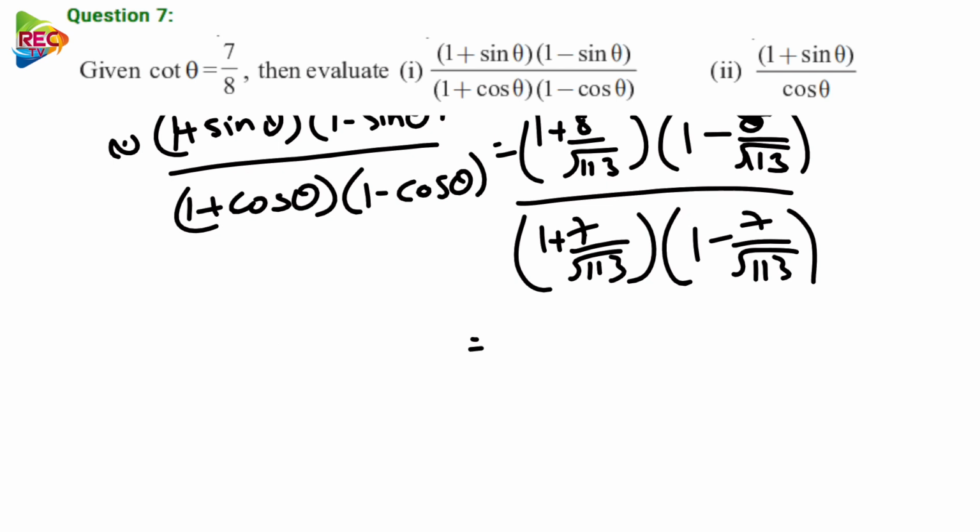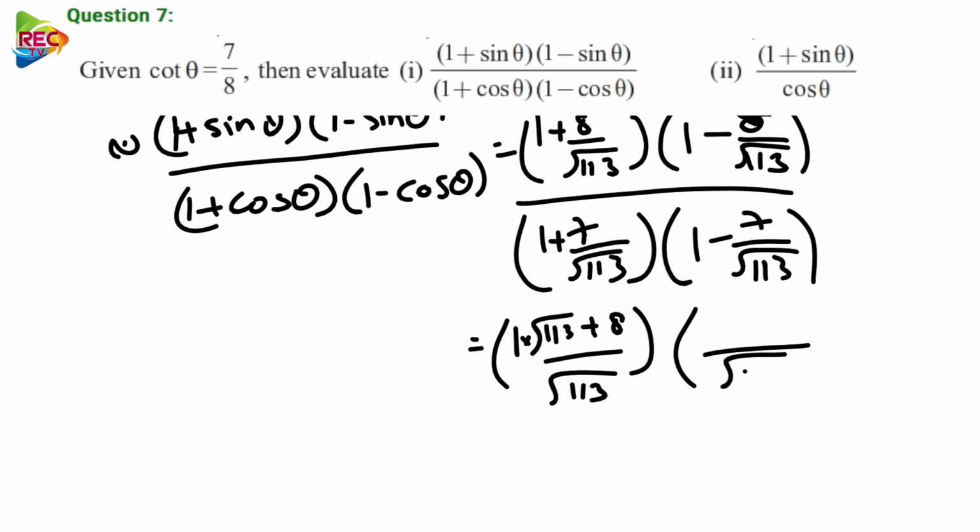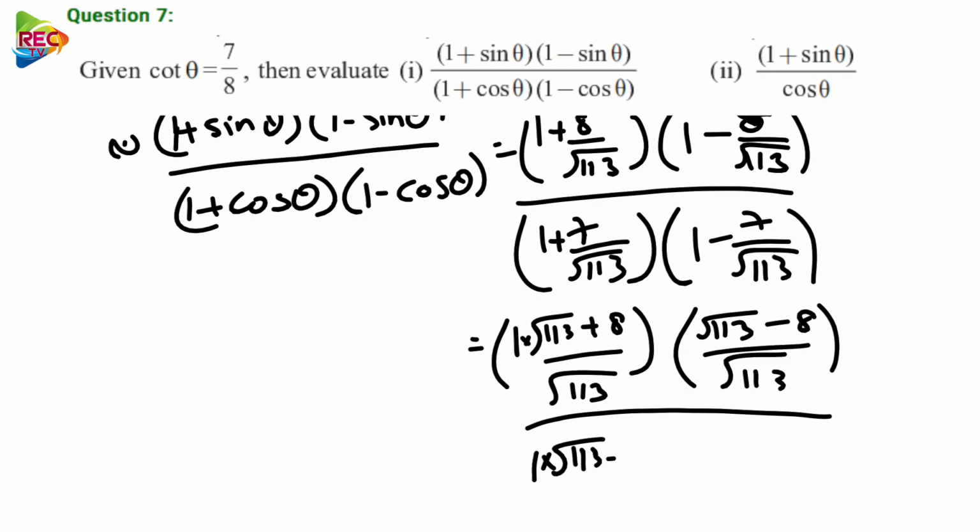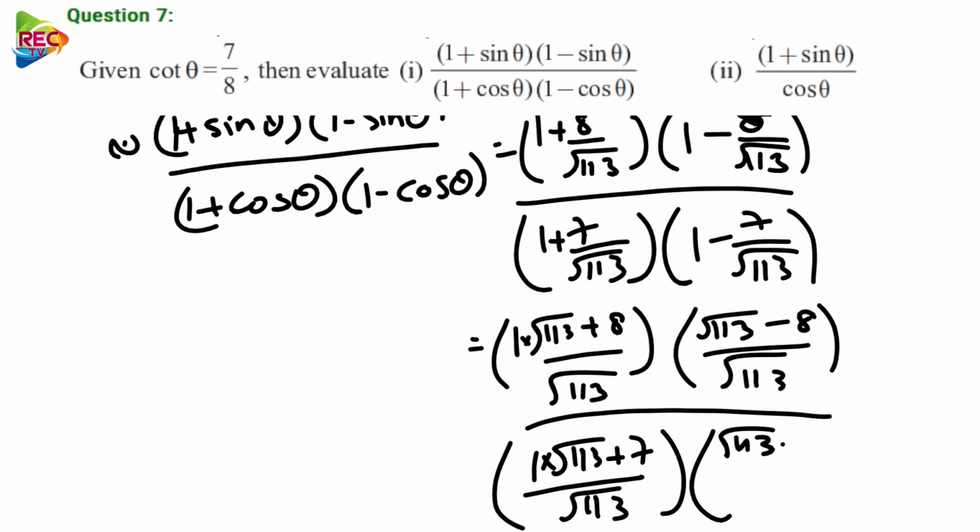Take the LCM, square root of 113: 1 into square root of 113 plus 8 by square root of 113, into square root of 113 minus 8 by square root of 113, divided by square root of 113 plus 7 by square root of 113 into square root of 113 minus 7 by square root of 113.